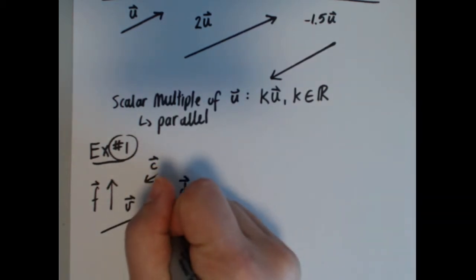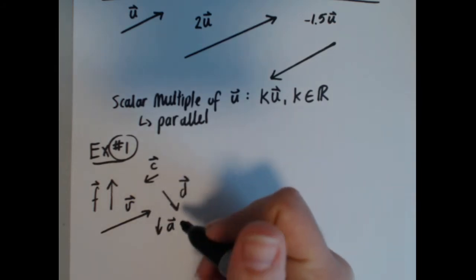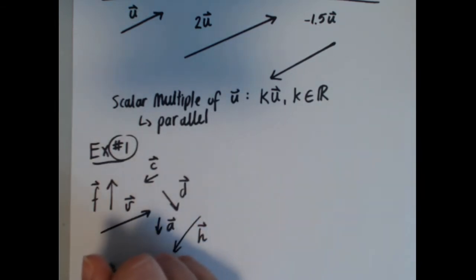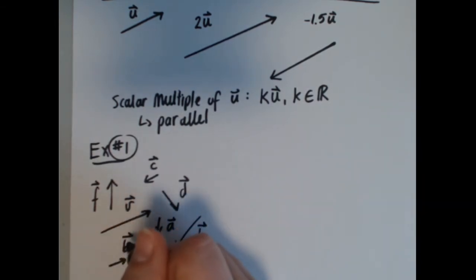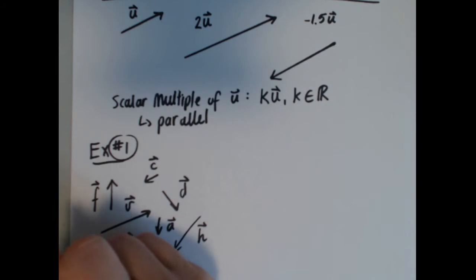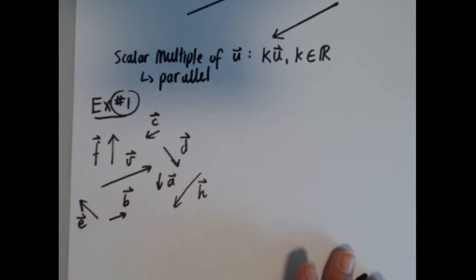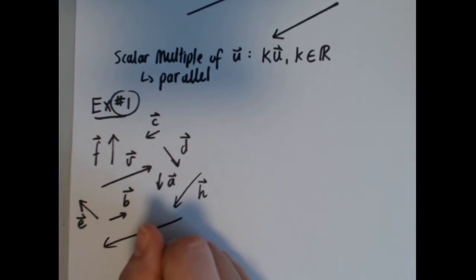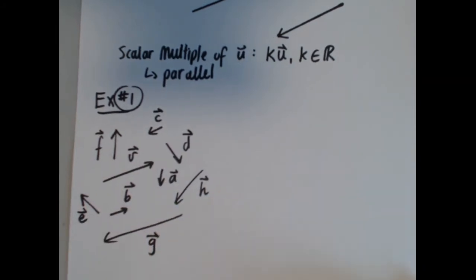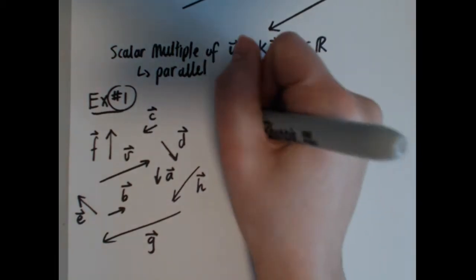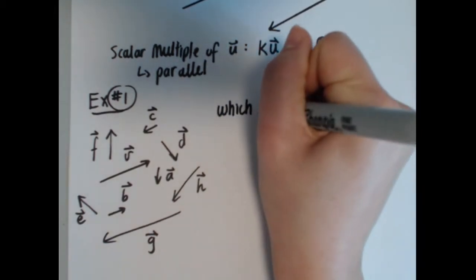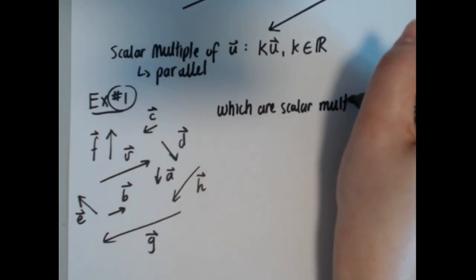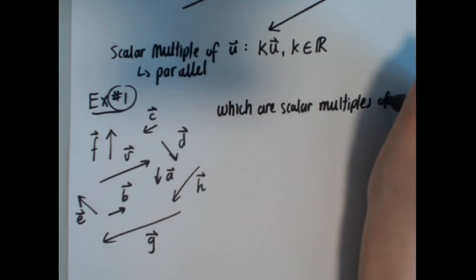That's V, that's A, that's H, that's B, we've got E, and let's get one more here, G. So you've got a series of vectors here, and the question is, which are scalar multiples of V?